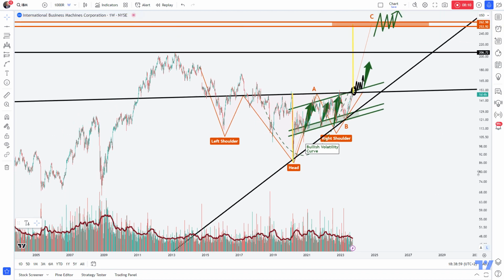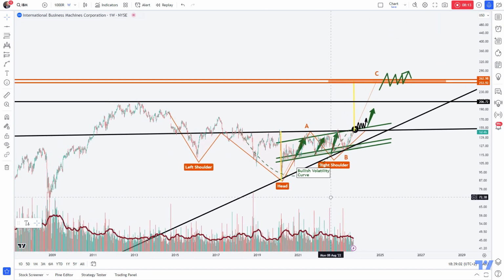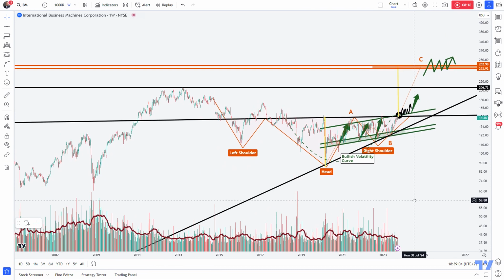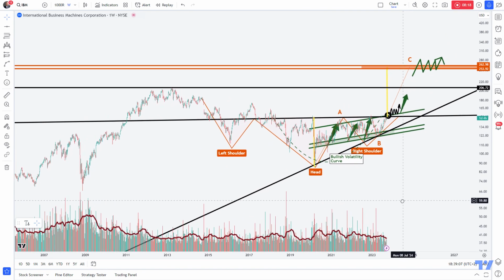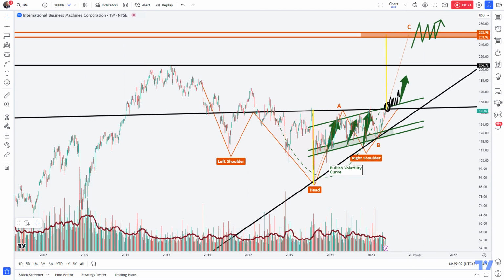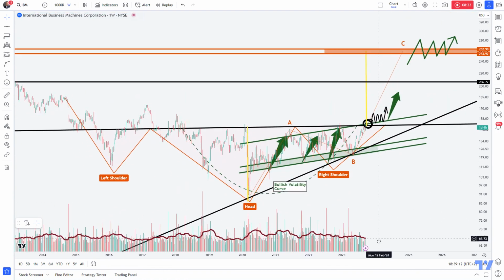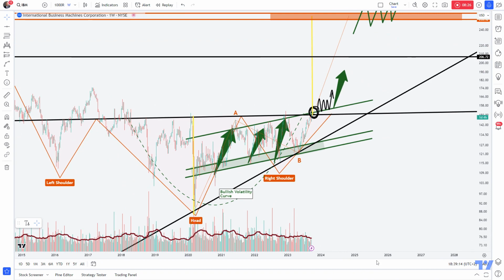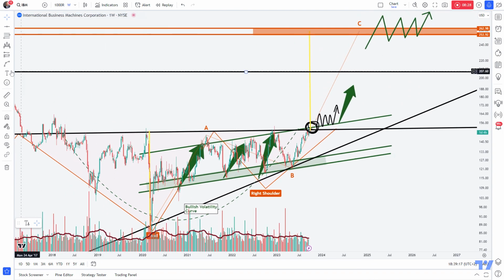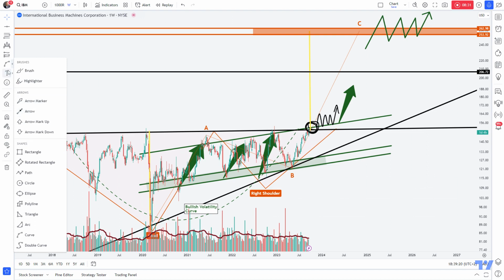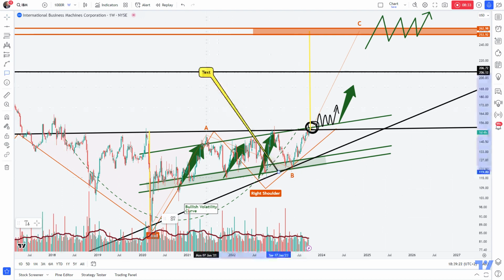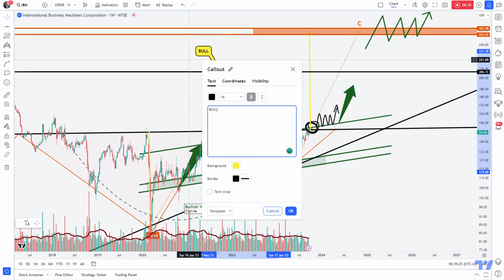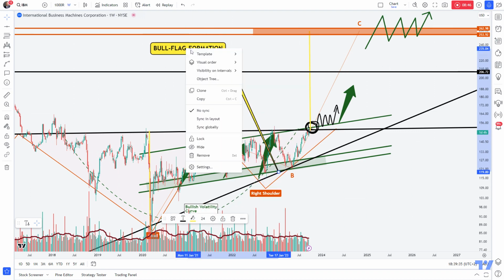IBM could hold through all these times, through the major financial crisis, through the dot-com bubble, and this is also a major factor that should be considered here going forward into the next times, considering the completion of this main bull flag formation within this bull structure here that is likely to complete within the next times. And therefore, these are some major developments that should be considered here with IBM.